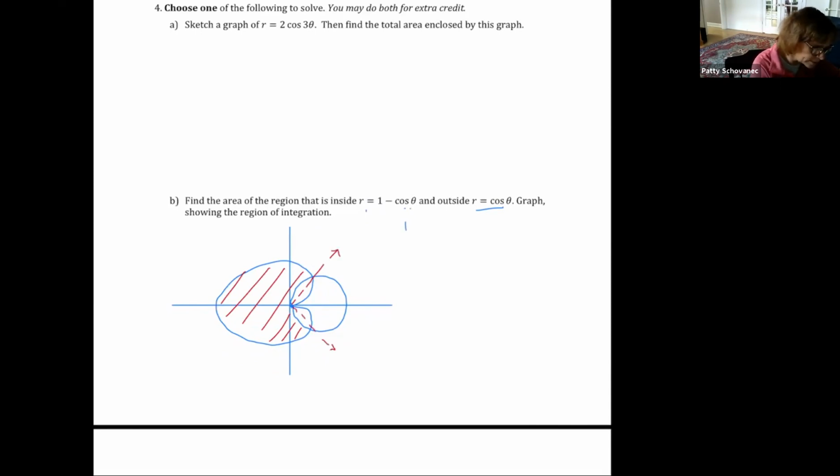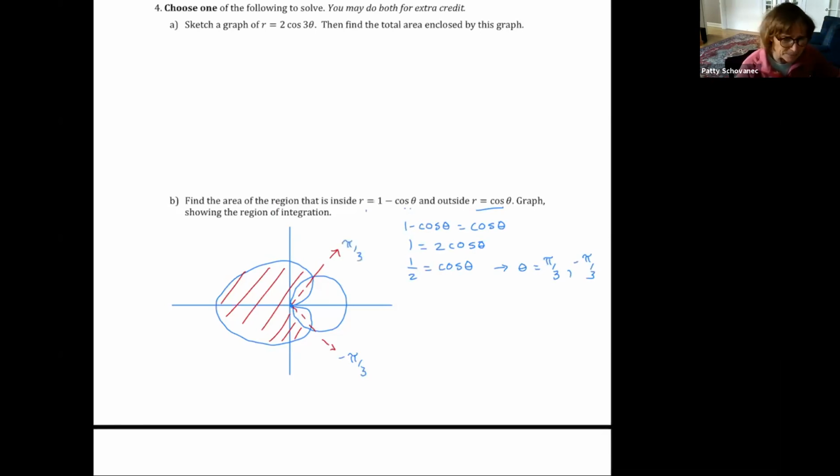You get 1 minus cosine of theta equal to the cosine of theta, when the cosine of theta is 1/2. And so that occurs at pi over 3 and negative pi over 3. This is the negative pi over 3 here, and this is pi over 3.